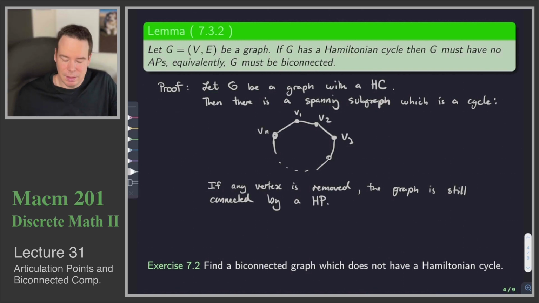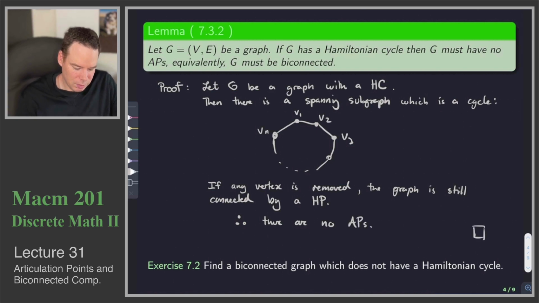There's a path that connects the underlying vertices that are left. So if I remove any vertex, the remaining vertices still have a Hamiltonian path that connects them all. And so therefore, there are no articulation points. And so there we've got a necessary condition. If we have a Hamiltonian cycle, then there are no articulation points.